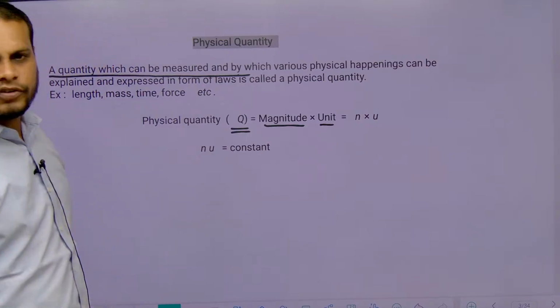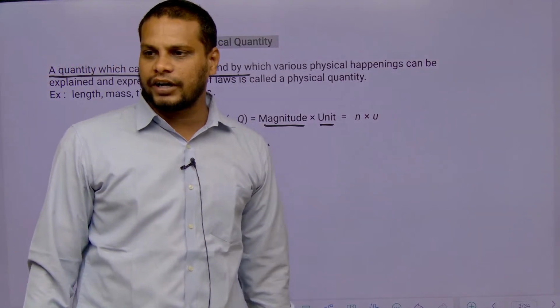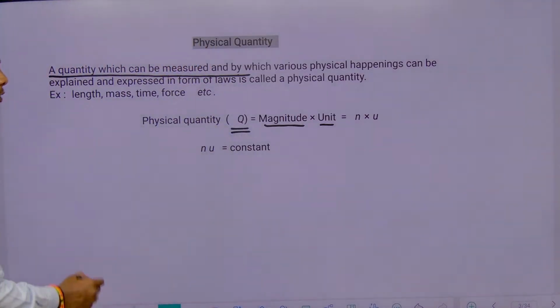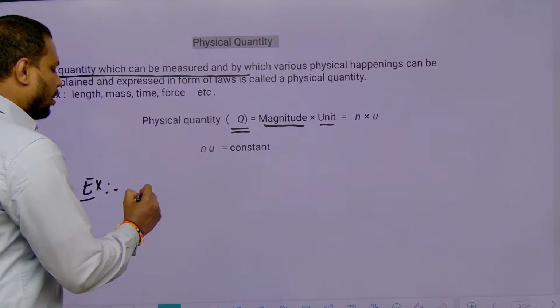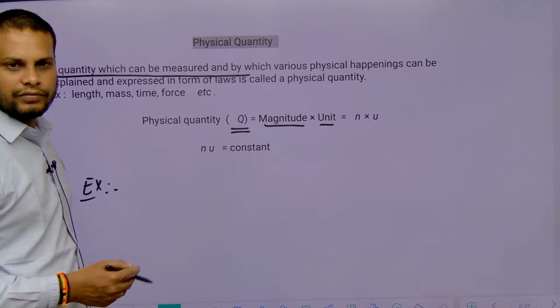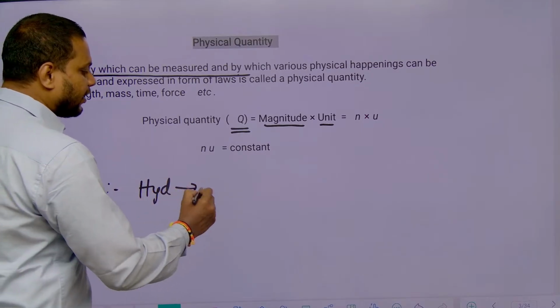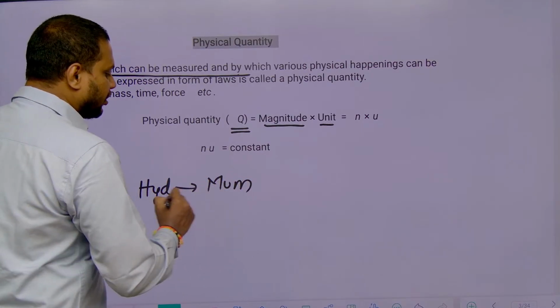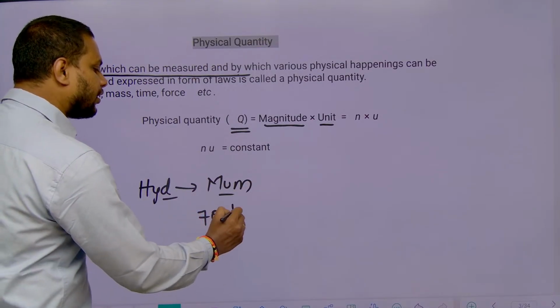Now for any physical quantity, compulsorily we have a number and we have a unit. For example, the distance between one place and another. Take Hyderabad and Mumbai. The distance between these two cities is, say, 700 kilometer.